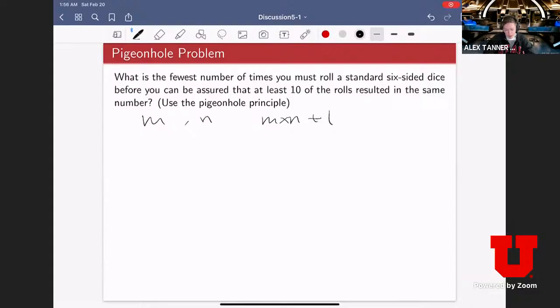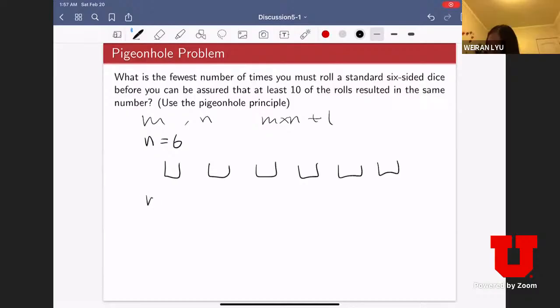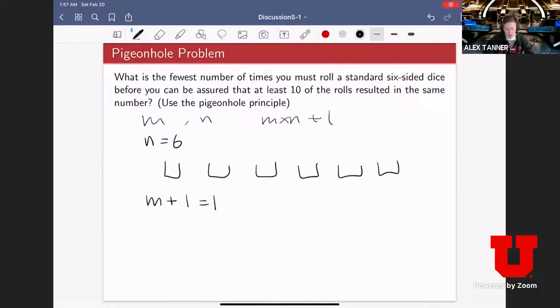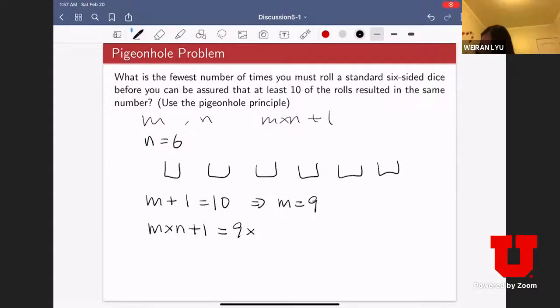I used n equals 6 because we're using a 6-sided die, so 6 pigeonholes, and then we want m plus 1 equals 10. Therefore m equals 9, and plugging it in, 9 times 6 plus 1 is equal to 55. All right, great. That's exactly what you need to do.